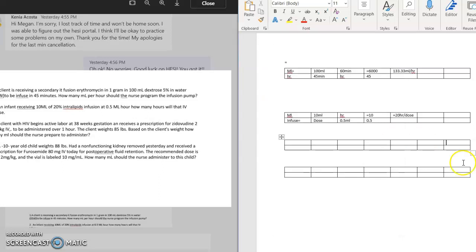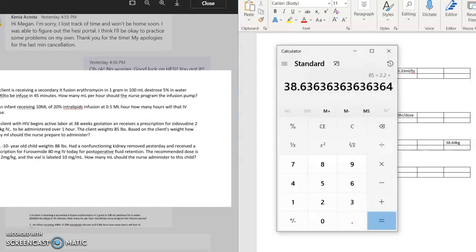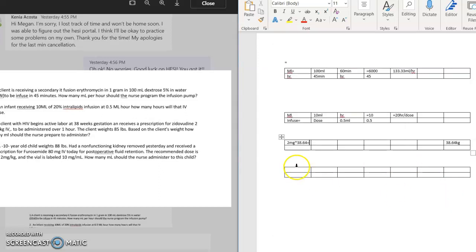So 38.64 kilograms, and the patient's getting 2 milligrams per kilogram. So we multiply 38.64 times 2, 77.28, and that's your milligrams per dose.